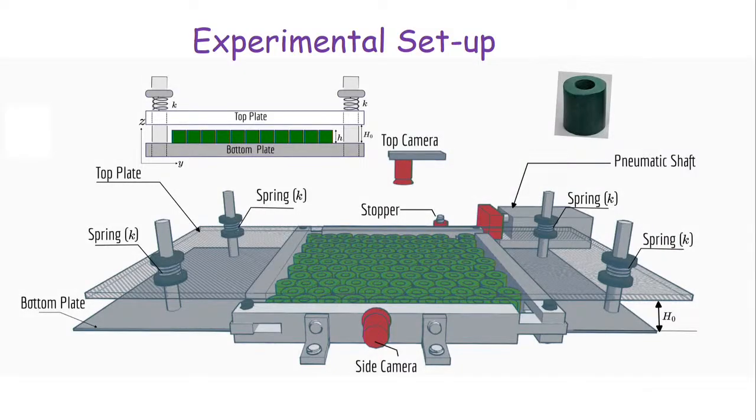Now, let's look at the experimental setup. This is a pretty simple experimental setup. What you have are these studs, cut out from rubber cylinders. The reason we did it was because we wanted to measure the internal stress on each particle, so you should be able to see the deformation. You have a pneumatic hammer that goes up and bangs against this side.